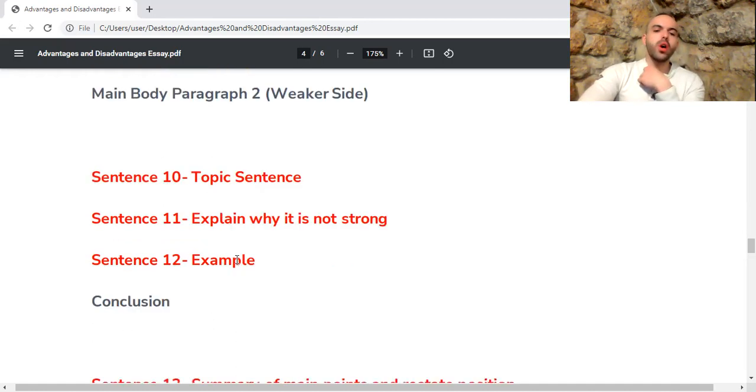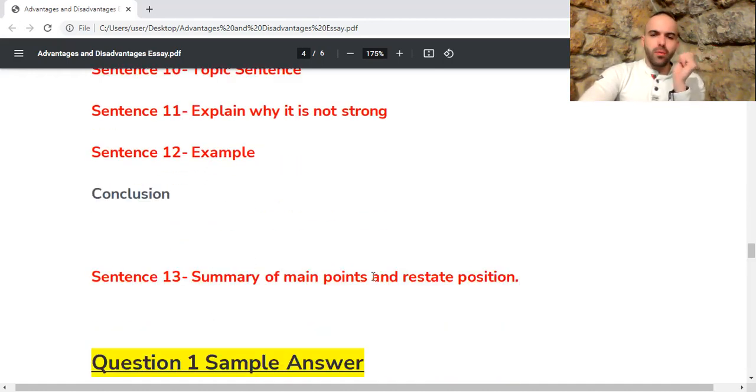Okay? So now, in the conclusion, you write a summary of main points and state your position. And that's quite known, okay? You can also go back to my previous videos and check the first writing task 2 video about opinion essays and how important it is to restate the opinion, or even the discussion essays, by the way, because they ask about opinions in the discussion essays. So when it comes to opinion, you need to restate it in your conclusion.